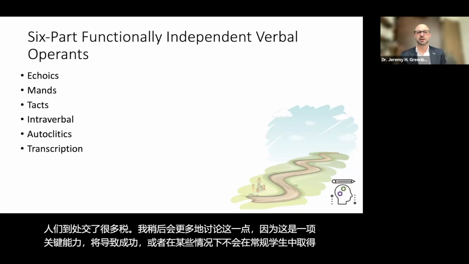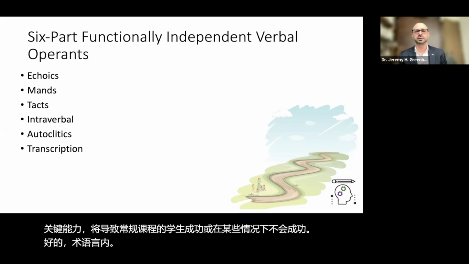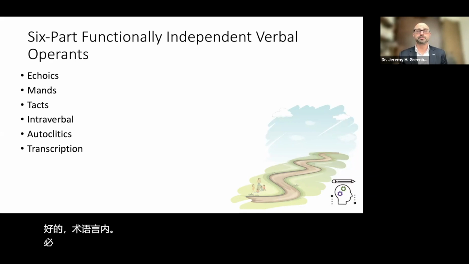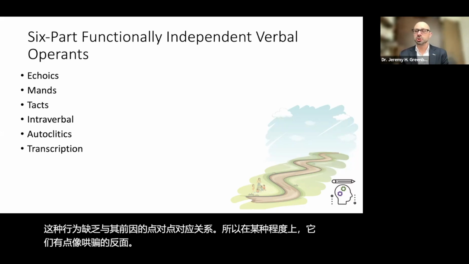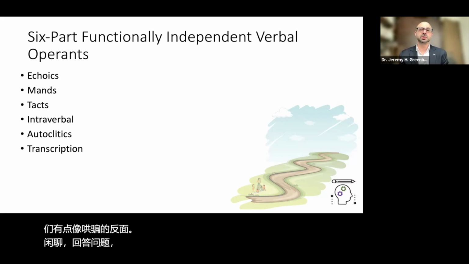Okay. The term intraverbal has to do with behaviors that sort of lack the point-to-point correspondence to their antecedent. So in a way, they're sort of like the opposite of echoics. Small talk, answering questions, stating information, these are intraverbal responses. Okay.